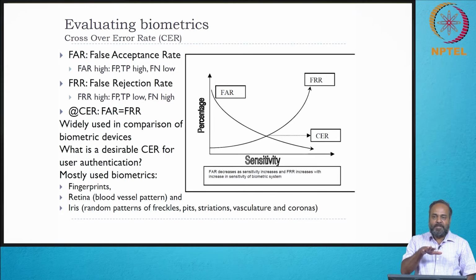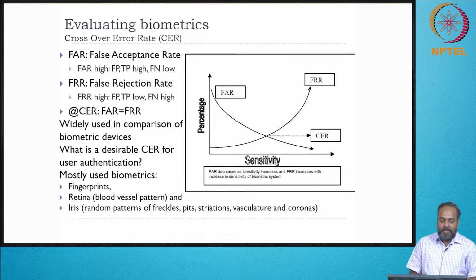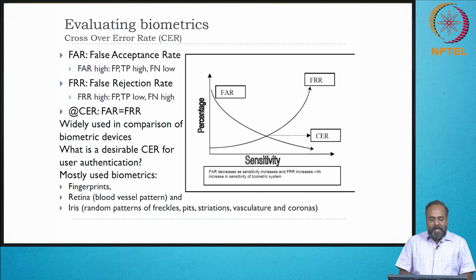Then they came out with not just one fingerprint, but a combination of all the 5 fingers, so that the probability of correct identification improves. Okay. And with that the system was implemented. So, that is the case study.